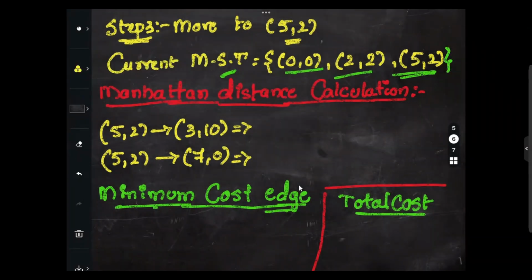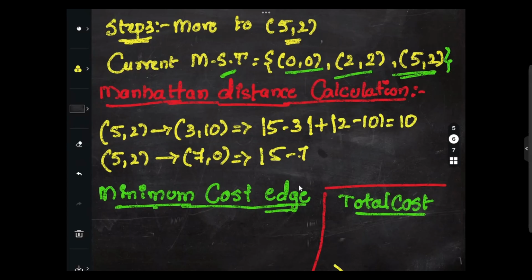Let's calculate the Manhattan distance quickly. It will be 5 minus 3 plus 2 minus 10. This will be 10, and the other will be 5 minus 7 plus 2 minus 0, which in this case will be 2.